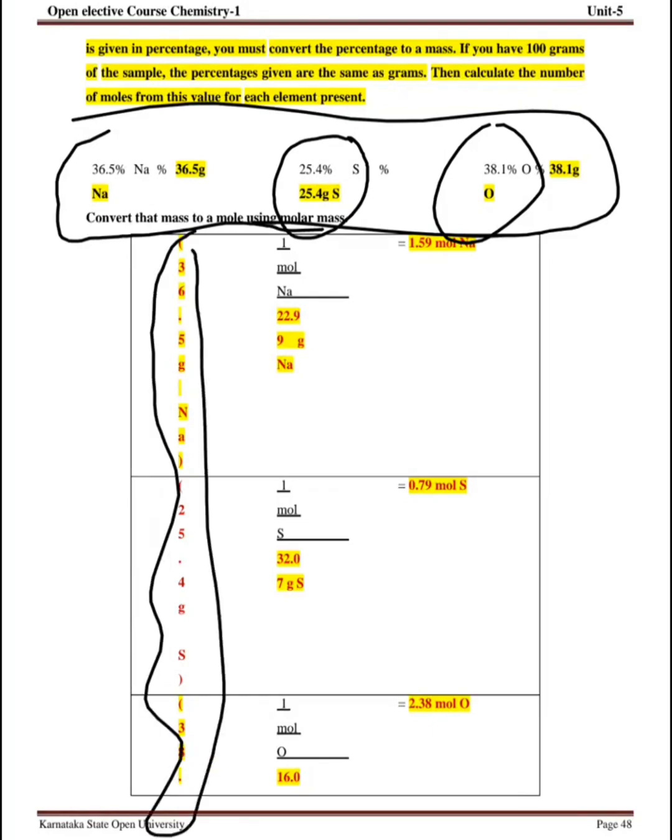Here, the formula for the determination of moles is the given percentage, in this case the percentage of sodium, divided by its atomic weight. The atomic weight of sodium, Na, is 22.9.